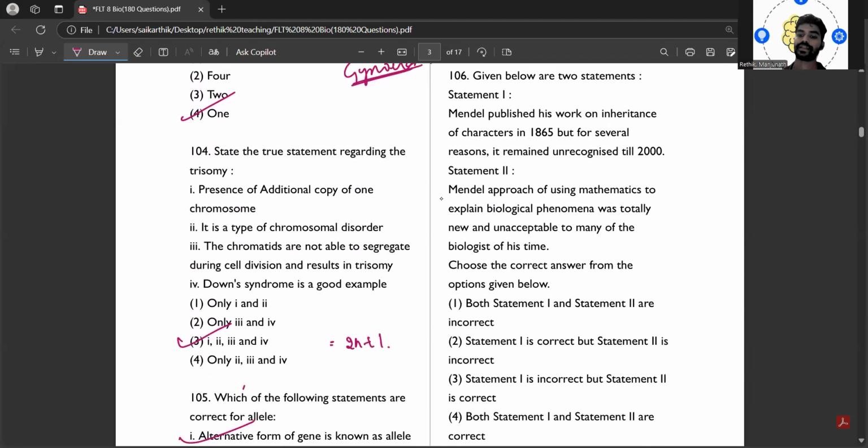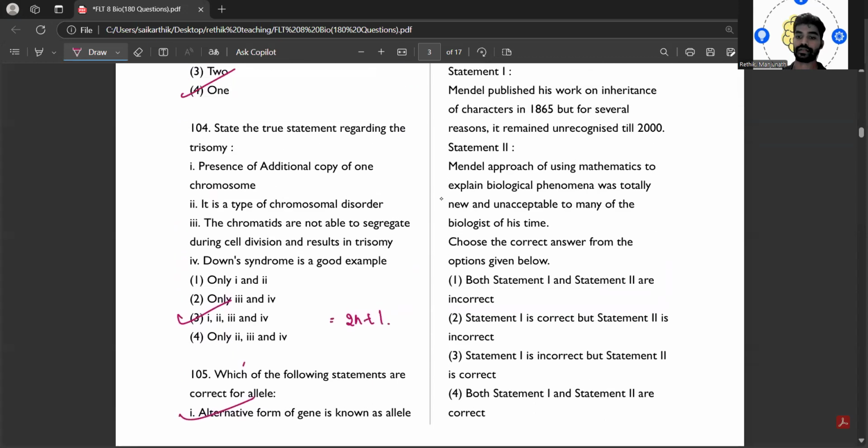Next, 106. Given statement one says that Mendel published his work on inheritance of characters in 1865, but for several reasons it remained undiscovered till 2000. Mendel published his work on inheritance of characters in 1865, but for several reasons it remained undiscovered, not till 2000, rather till 1900.